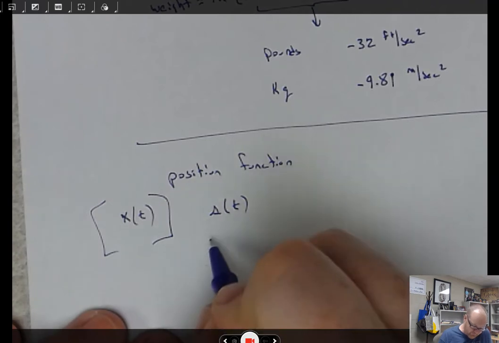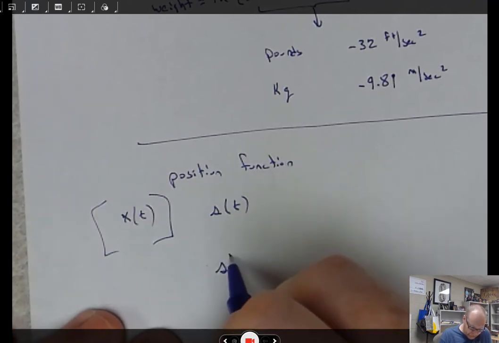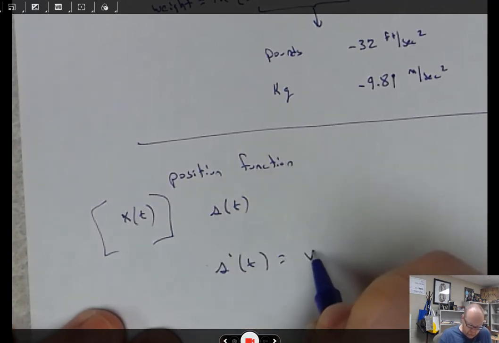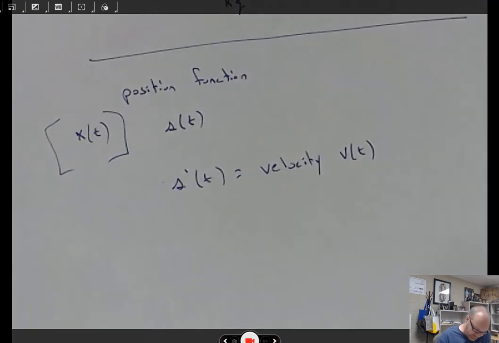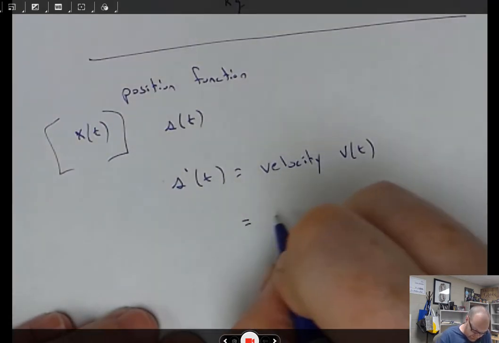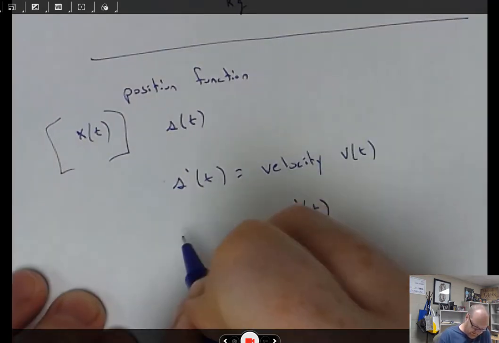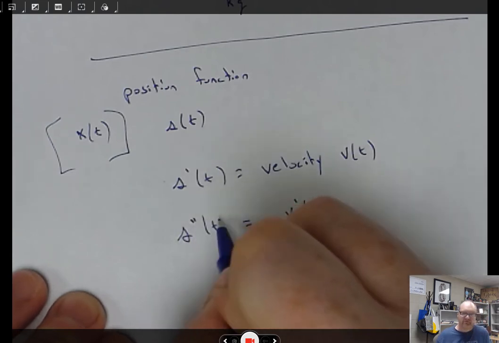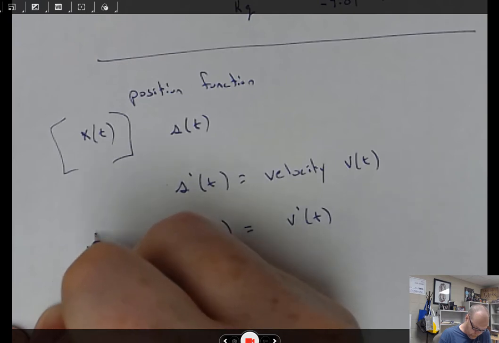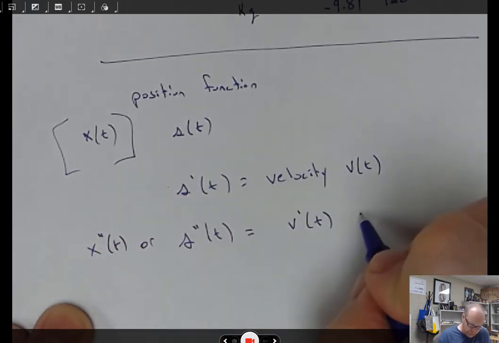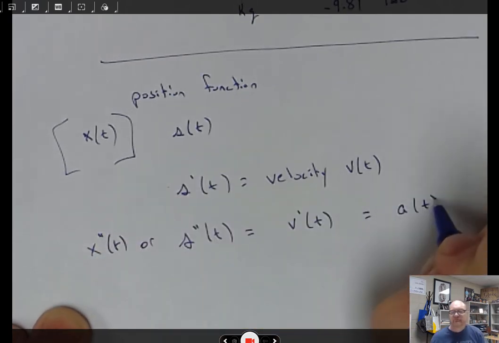So if I differentiate position, I get an expression for velocity. If I differentiate velocity, which is the second derivative, I get an expression for acceleration.